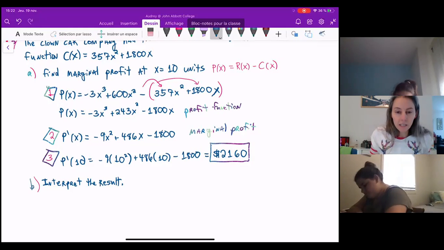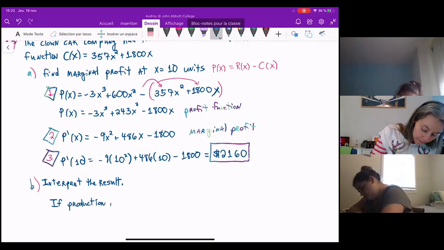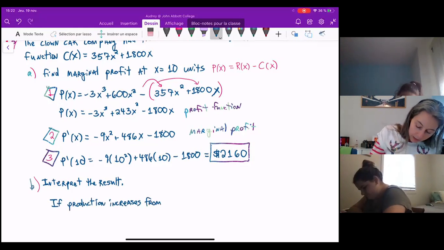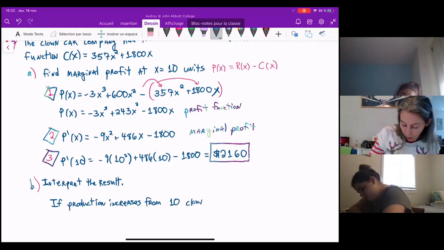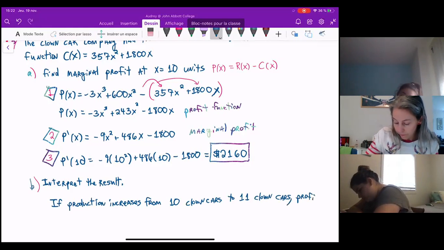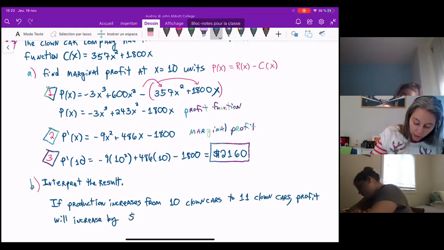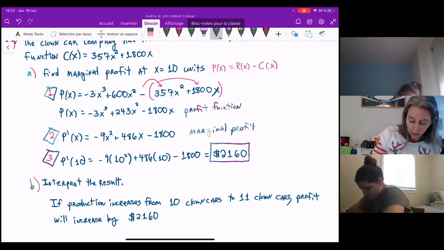It's saying specifically if production increases from 10 clown cars to 11 clown cars, profit will increase by $2,160.